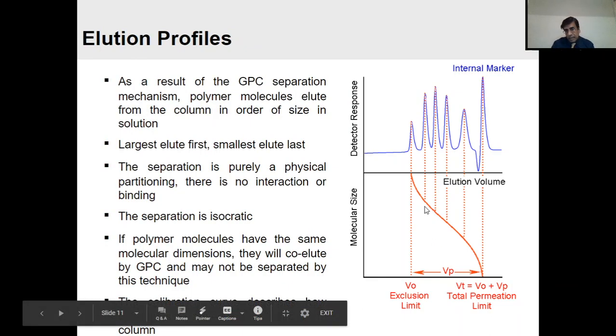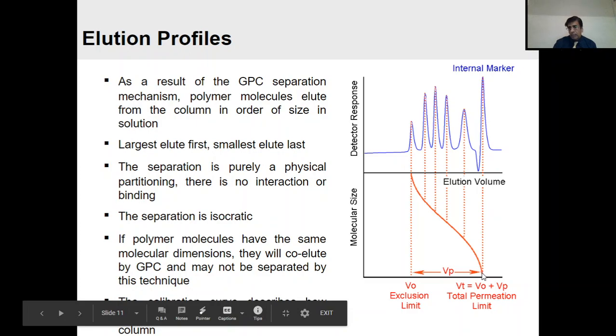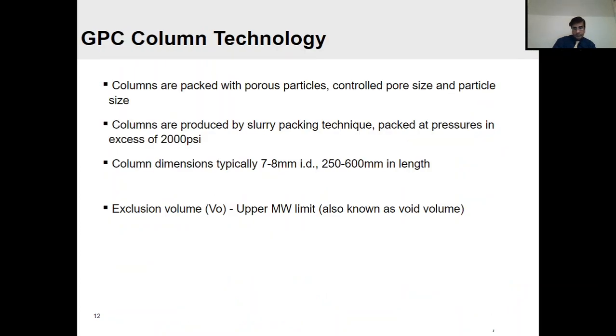Look at here, this line is going straight on the top, which means that there is a certain range of molecular weight, after that no more change takes place. Similarly, on the lower side, the molecules are so small that all will penetrate and be permeated in the pores, and therefore will not be separated. They all elute at the same place.